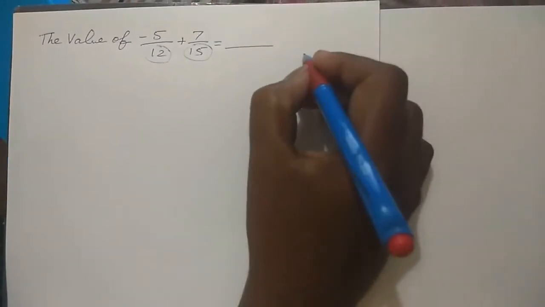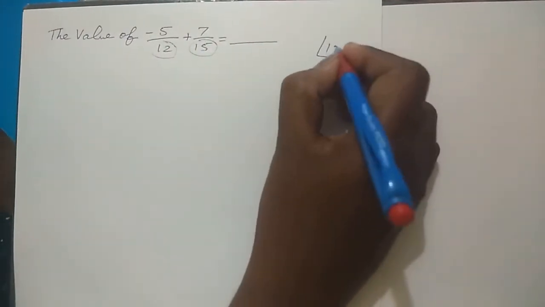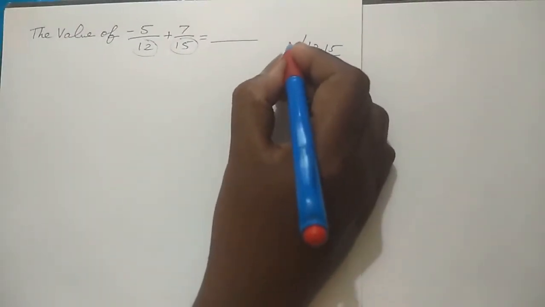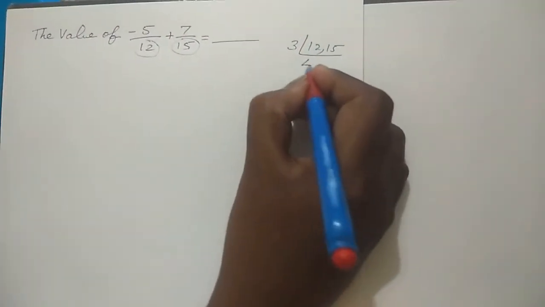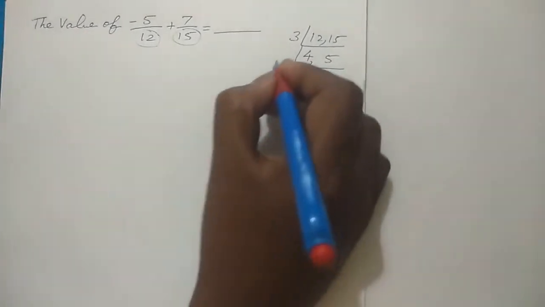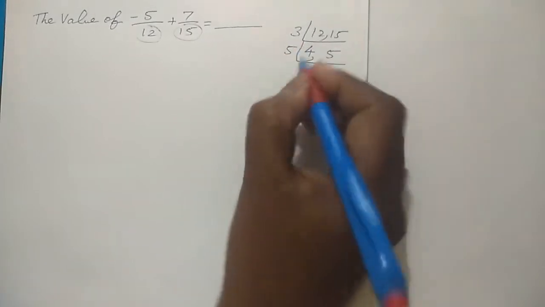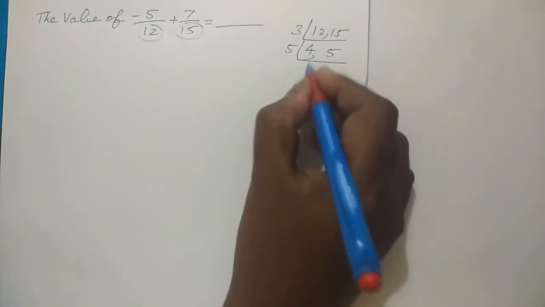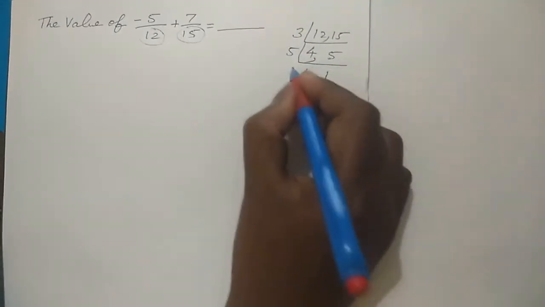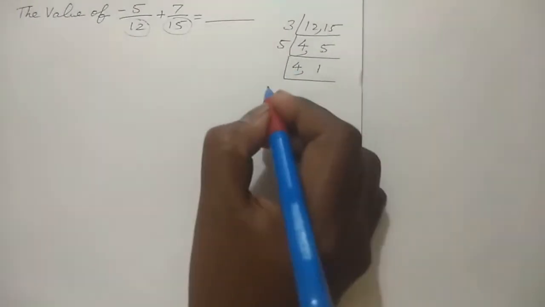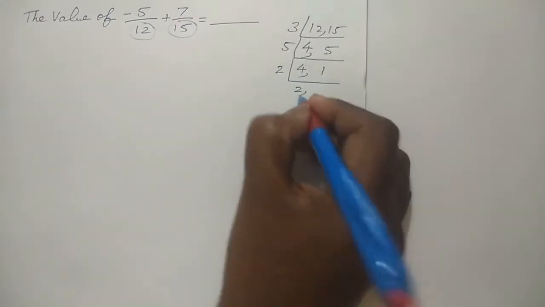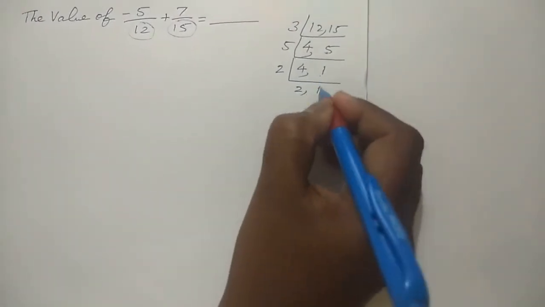So what is the LCM here? We take 12, 15. If we go for the 3 table, 3 4s are 12 and 3 5s are 15. Again you can go with the 5 table, but 12 is not divisible, so I go again with 4, and 5 1s are 5. Next we go for 2, so 2 2s are 4, and 1 remains the same.